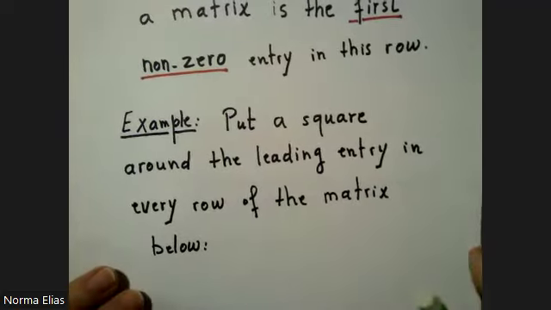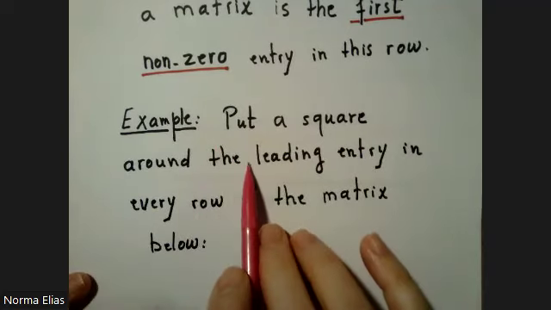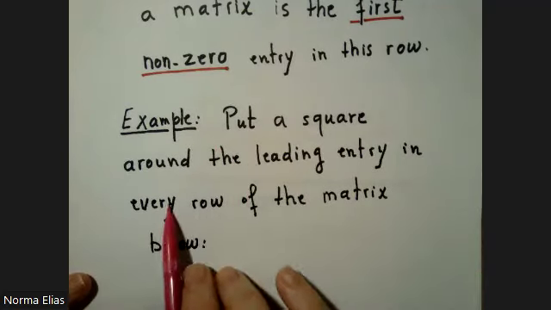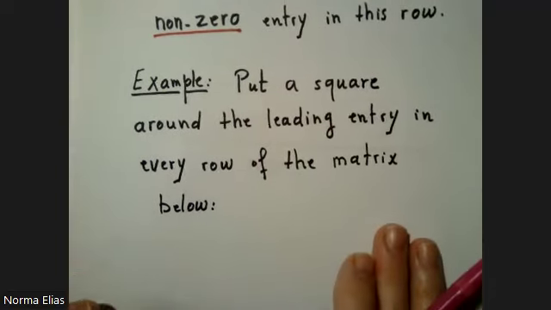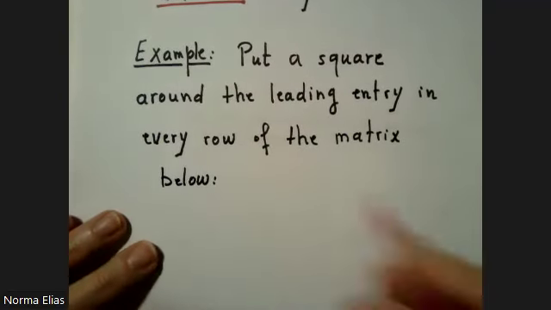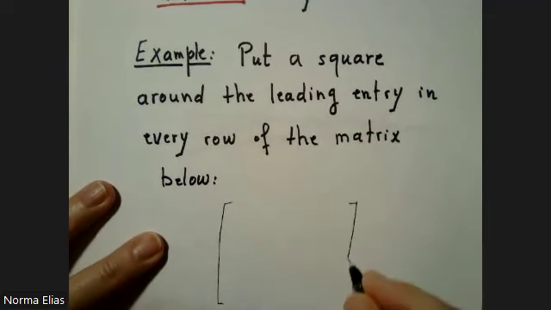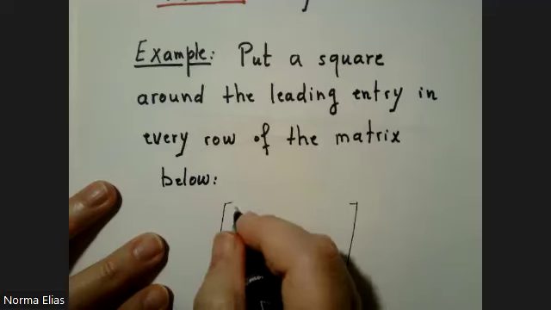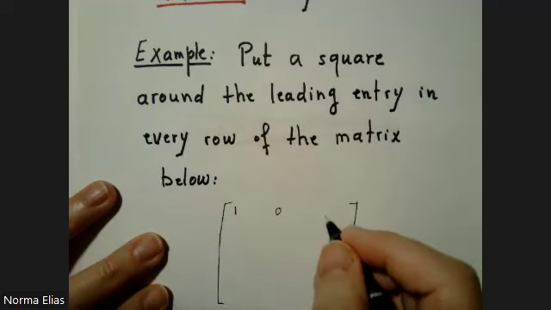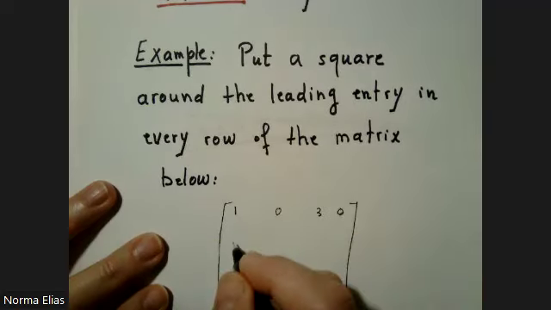So example, put a square around the leading entry in every row of the matrix below. So we're going to take a matrix and we're going to put a square around the leading entry. So the matrix is not important. The entries are not.